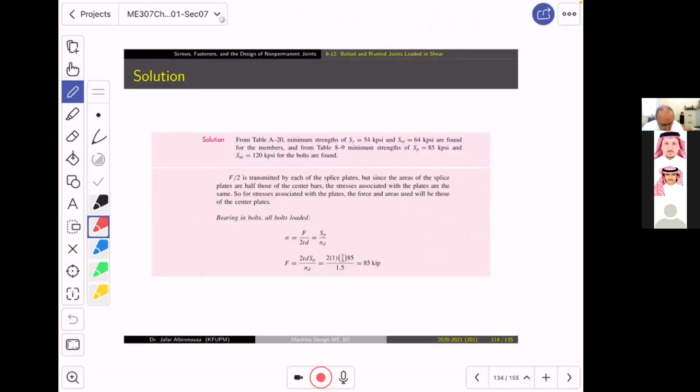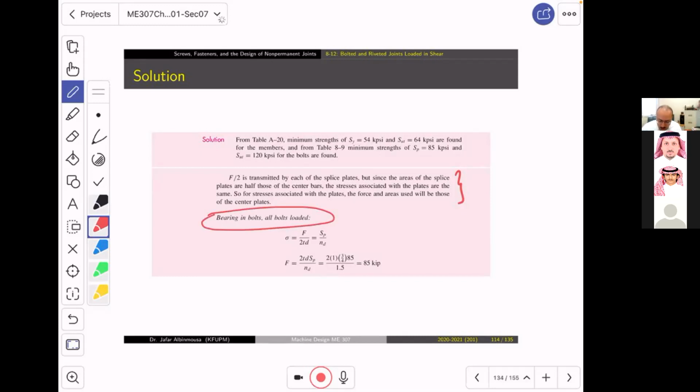What are we going to do? Of course, guys, this is the explanation I told you about, that the slices will take half of the load and they have double the thickness, which is equal to 1. The first mode of failure is bearing in the bolt. What does that mean?